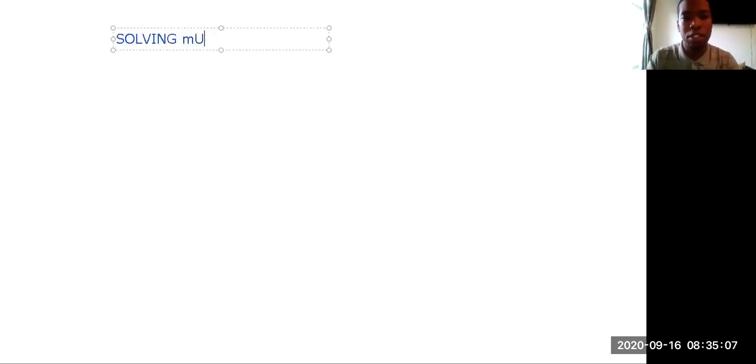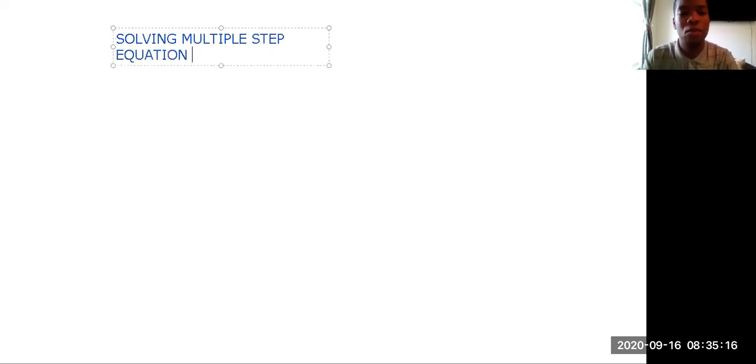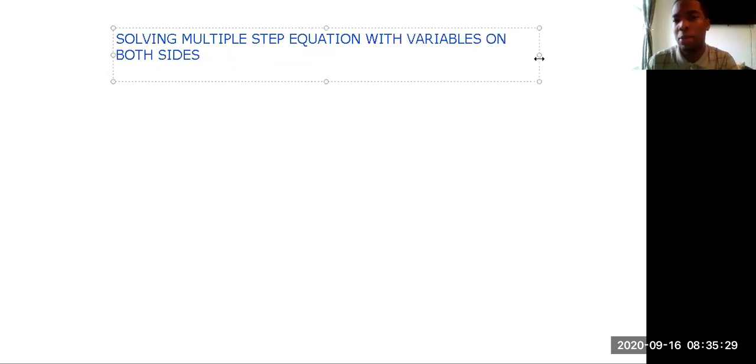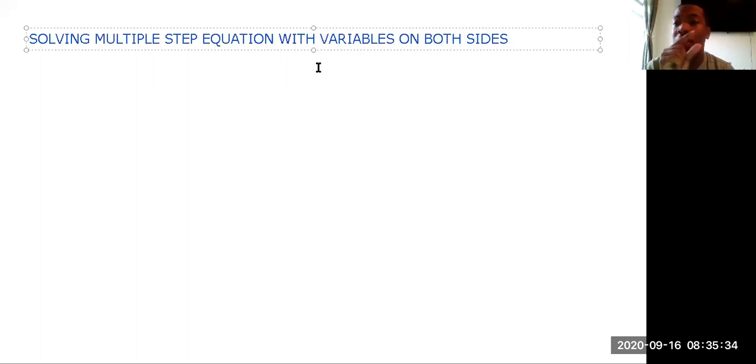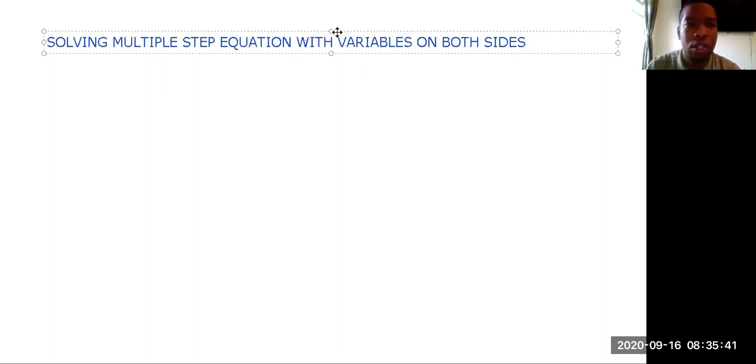Solving multiple step equation with variables on both sides. And when we say both sides, we're talking about both sides of the equation, the equal sign, all right? Because you know you have the equal sign, and then sometimes you have x on this side, sometimes you don't. So that's why we're going to look at those.